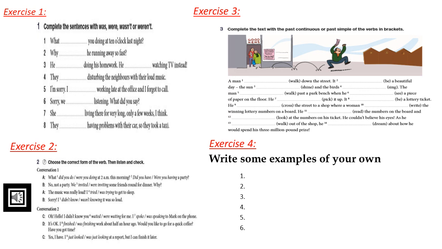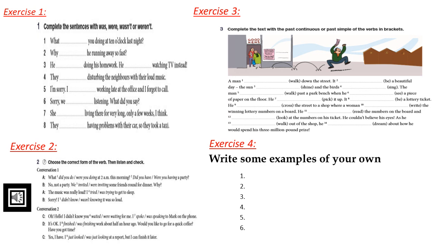Conversation 2. Oh, hello. I didn't know you were waiting for me. I was speaking to Mark on the phone. It's okay. I finished work about half an hour ago. Would you like to go for a quick coffee? Have you got time? Yes, I have. I was just looking at a report, but I can finish it later.